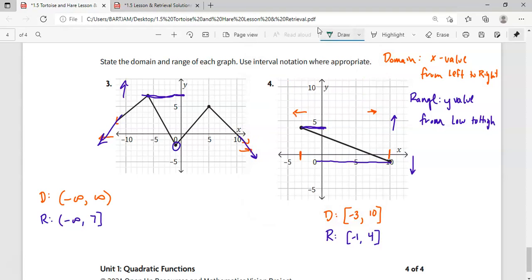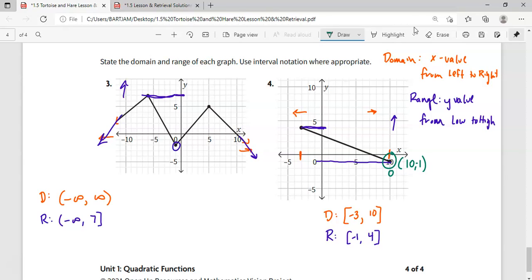For discussion purposes, let's say the endpoint at the point (10, -1) was an open circle. So the value (10, -1) would just be an endpoint, but the value is not included.